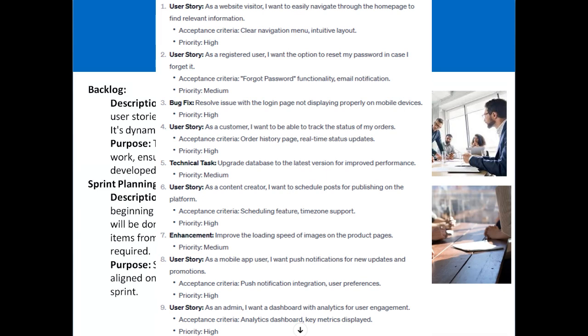That is the backlog concept, the prioritized list of features which need to be delivered to the customer. The backlog is the requirements which remain to be delivered. The backlog helps teams plan and prioritize work, ensuring that the most valuable features are developed first.